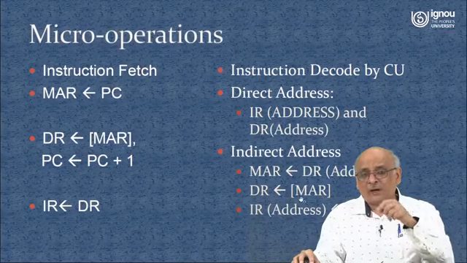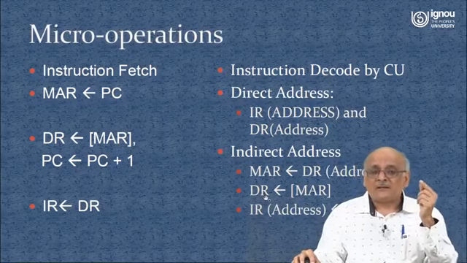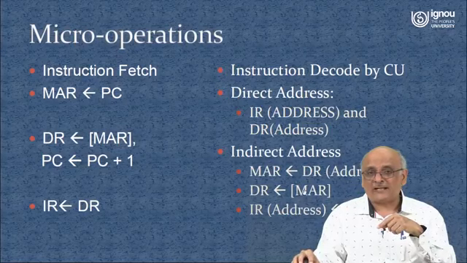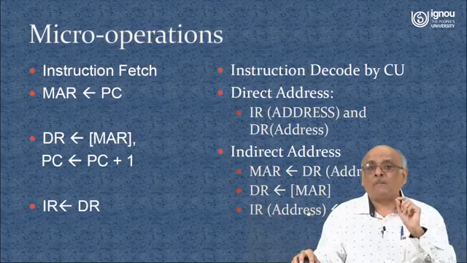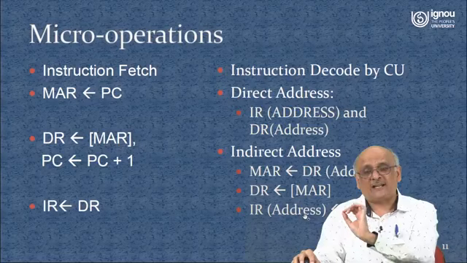And what have you read? You have read the address of the data which is in the memory. So now the indirect address has technically been converted into a direct address. After execution of the indirect address, the instruction address will contain the effective address of the operand, where exactly the operand is residing in the memory.